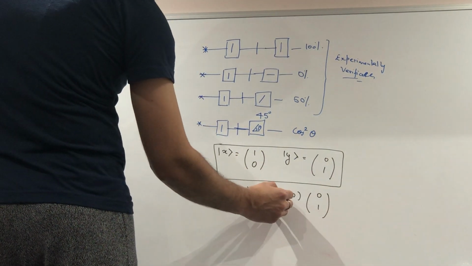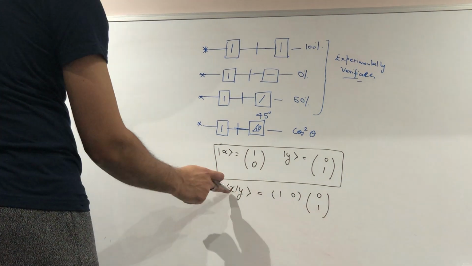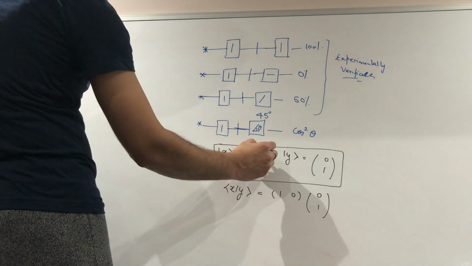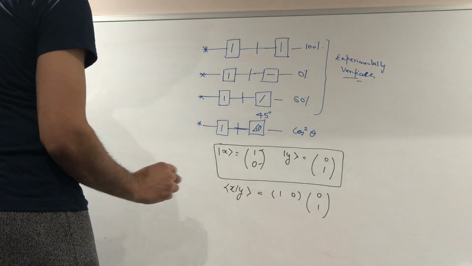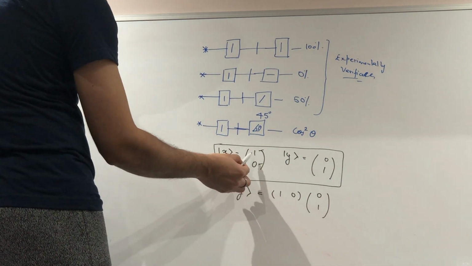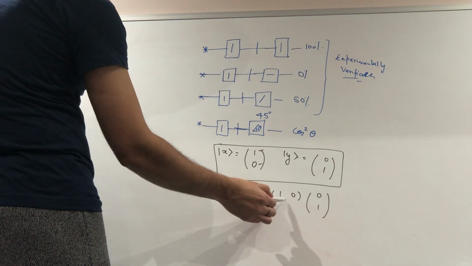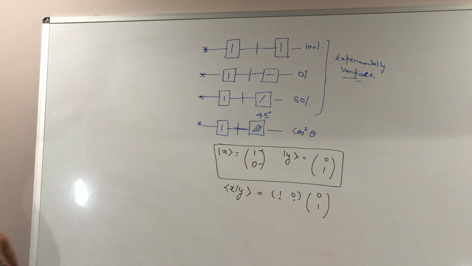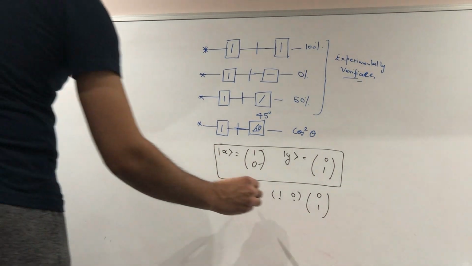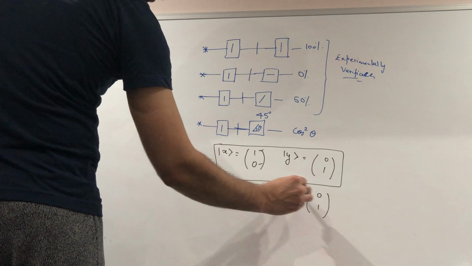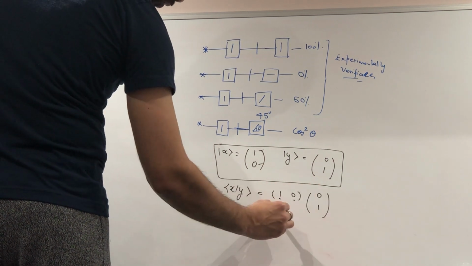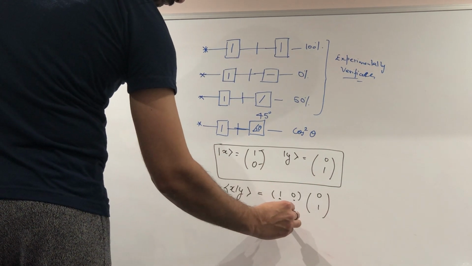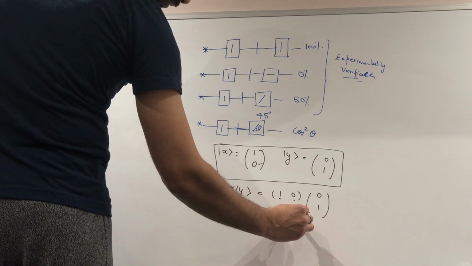You see here I'm using these row elements corresponding to the X bra because it is a real matrix, there is no complex number. If it is a complex matrix, then I'll use the complex conjugates here, right? So how do we solve that? 1 multiplied by 0 is 0, plus 0 multiplied by 1 is 0.